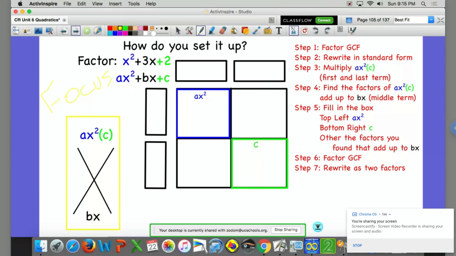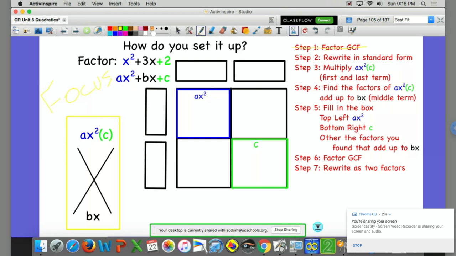However, I do have it highlighted over here that the biggest focus of today is going to be on what I like to refer to, and what everybody in the math department likes to refer to, as the big X. And it's the first step that we're going to have to set up in order to factor these problems. So we're not really worried about step 1 today, but we are going to be worried about step 2, step 3, and step 4.